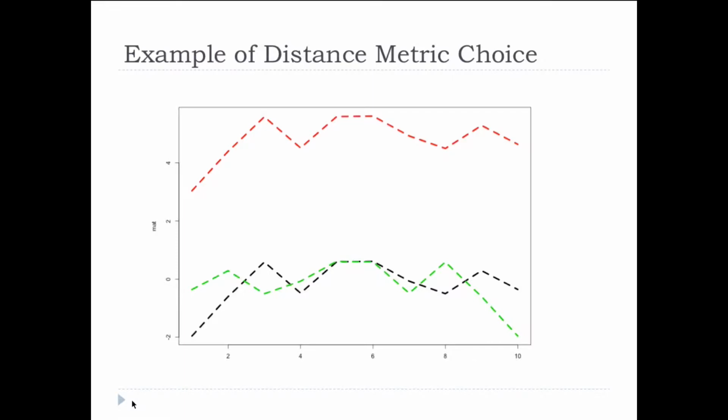These two genes at the bottom here are very close to each other in some sense, right? These two genes are not very close to each other, but they're perfectly correlated with each other. So in correlation distance, what's the distance here between this bottom gene and that top gene? The distance is 0, right?